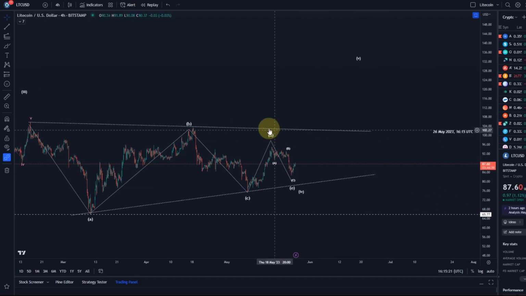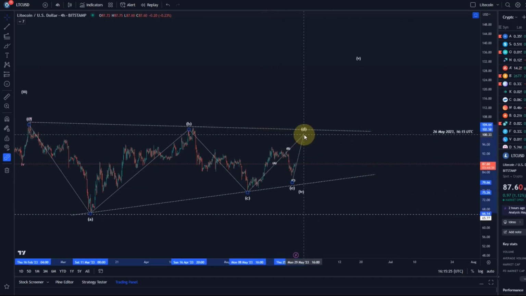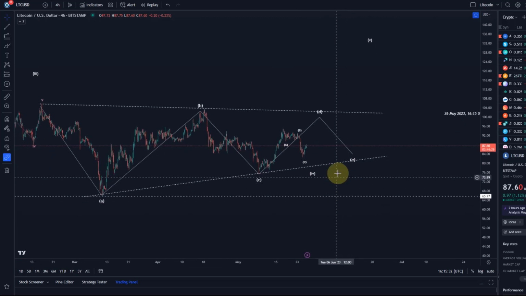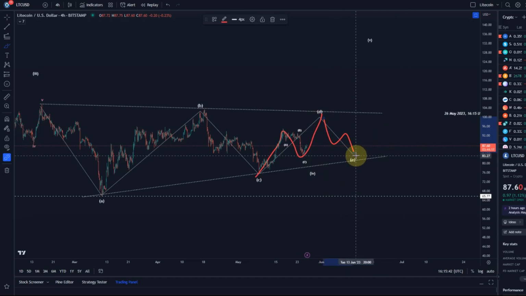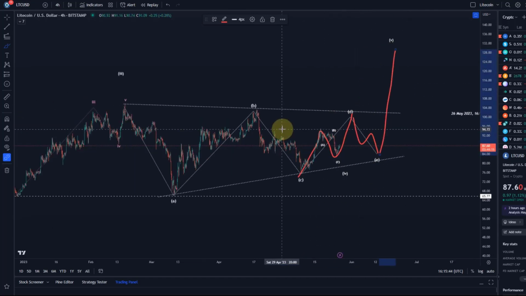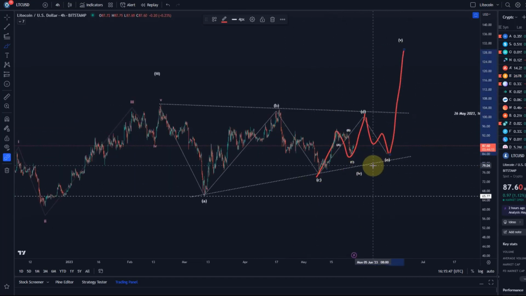A triangle until the B-Wave is broken can always extend. I cannot rule out, for example, that this is now a D-Wave and we will get one more move down in an E-Wave. That's absolutely possible, and that the D-Wave itself was just a larger A, B, C. And then we get our A, B, C, and E, and only then we move up. Yeah, absolutely. Because it would even look a little bit better, okay?